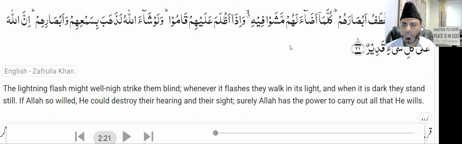Yakado, करीब है, it might be, करीब है, अल बरको, lightning, बिजली, जो आसमानी बिजली है वो. वैसे जो दूसरी बिजली है उसको अरबी में बर्क नहीं कहते, उसको अल कहरबा कहते हैं. यख्ताफु, to strike somebody or destroy somebody. Abswarahum, their vision.